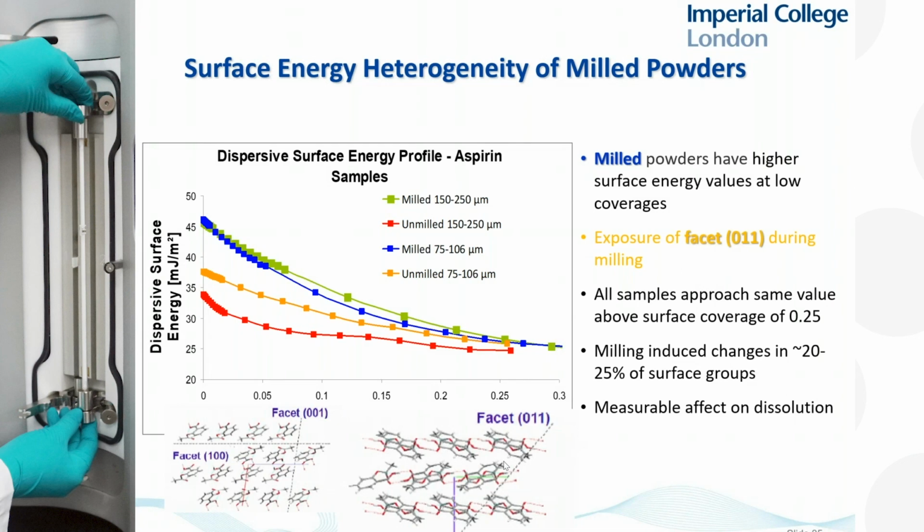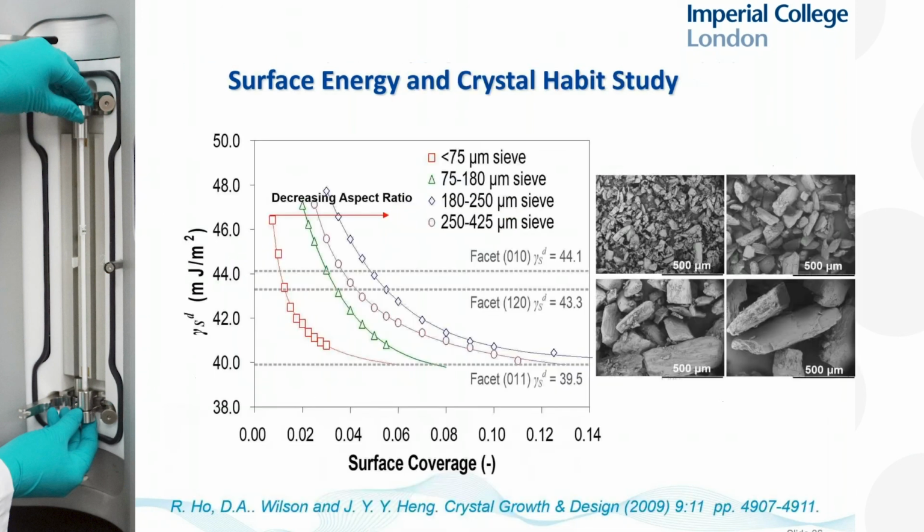So when we mill the material, we change the population of different surface groups that are present. So these different surface energies reflect a difference in the surface chemistry of the powder. In other words, the milled and unmilled material have different populations of crystal facets. So the facet chemistry is at play, and we can see that through the IGC data sets.